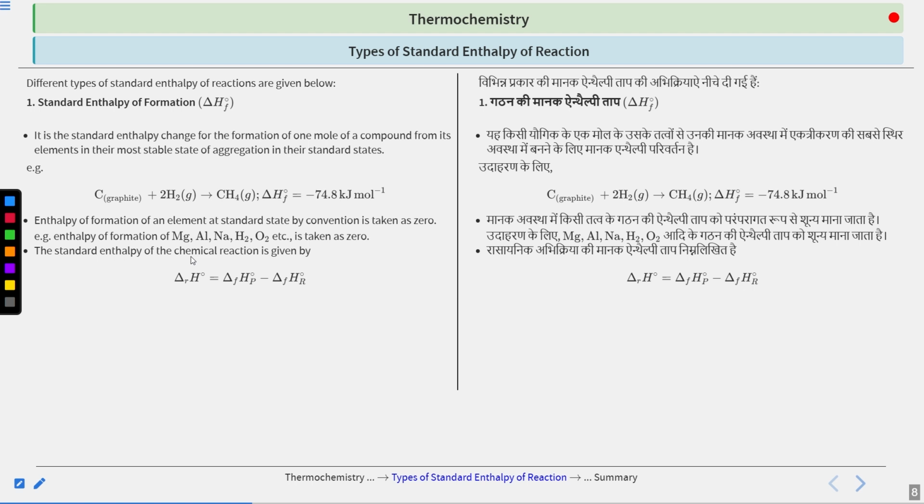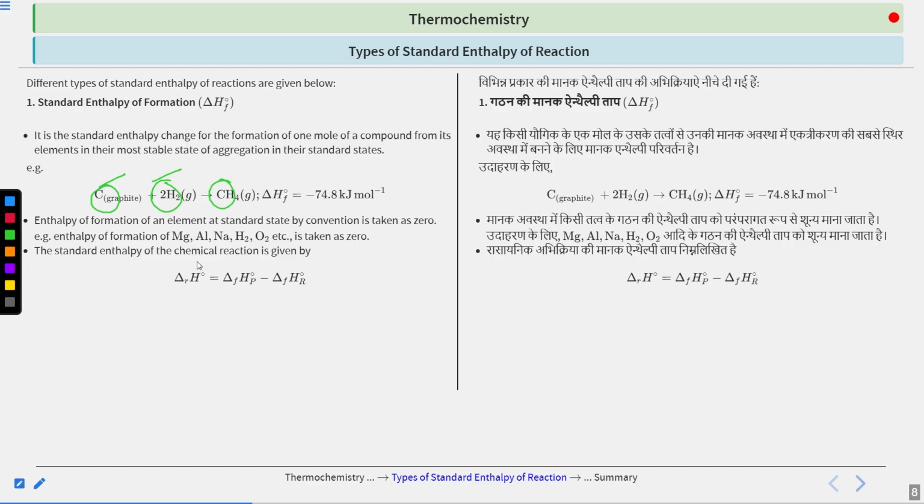So if you know the standard enthalpy of formation for these, then you can calculate the enthalpy of reaction. In this case, your enthalpy of reaction is equal to the standard enthalpy of formation of methane, because for the others the values are zero as they are in the standard state. Clear? Now this formula I have already shown you.